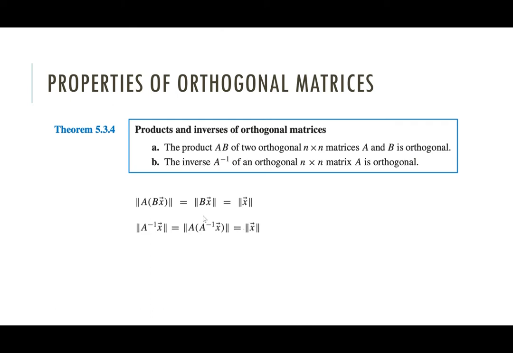If you want to be technical about it, you say, all right, well, the length of A inverse x is going to be the same as the length of A applied to A inverse x, because A preserves length. A is orthogonal. So these two have the same length. And then you realize A times A inverse is just the identity matrix, which just gives us x. So indeed, A inverse of x has the same length as x.